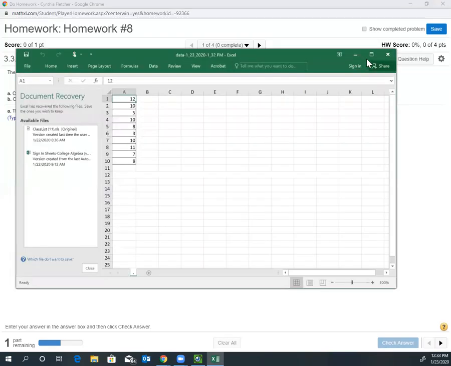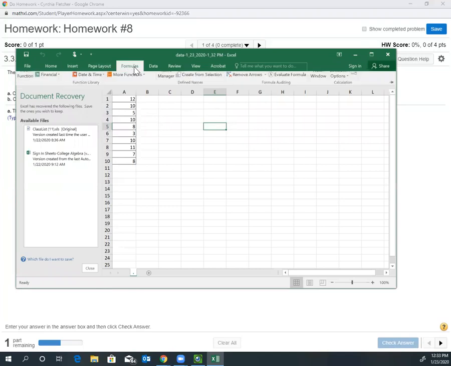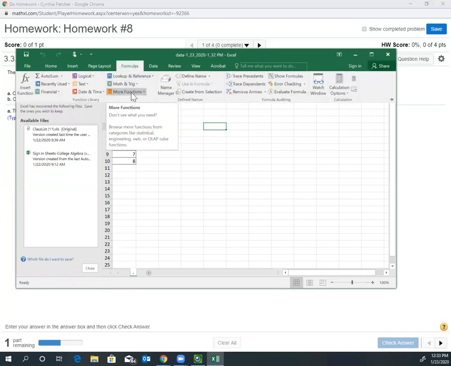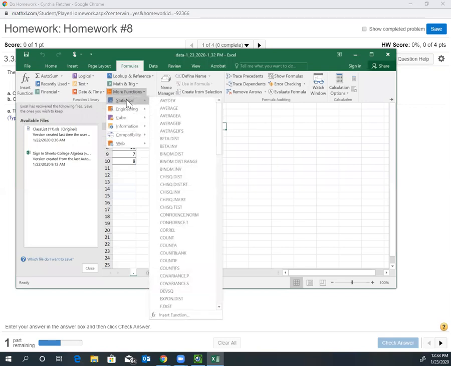And here it is. All right, so in order to find the mean, which another name for the mean is average, I just click outside into a separate box. And under formulas, go to more functions, go to statistical, and then we're going to click on average.